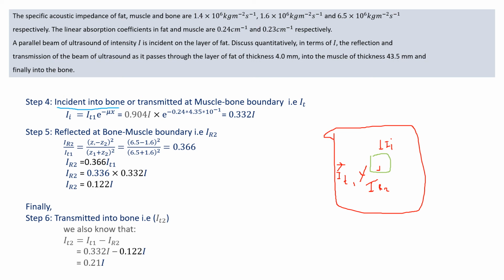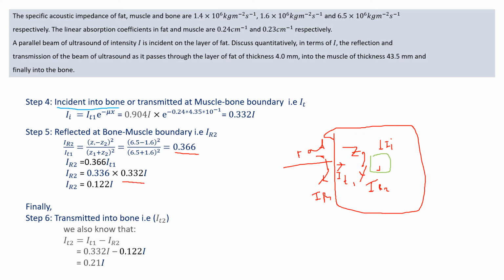So we have the acoustic impedance here of bone, of muscles, and here we have fat. So this is our IR2, and this is IT1. You can get this value by solving. For IR2, I just put this IT1 value here, which I got.